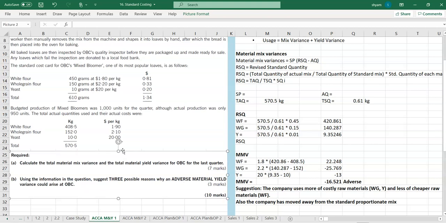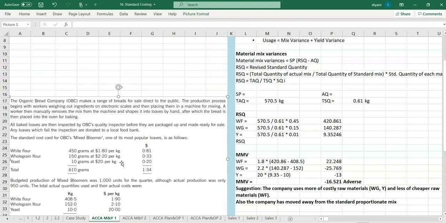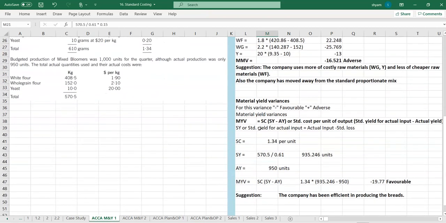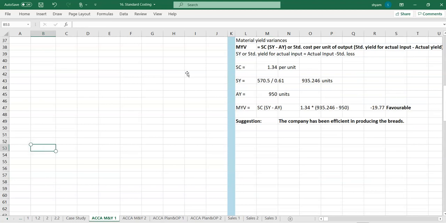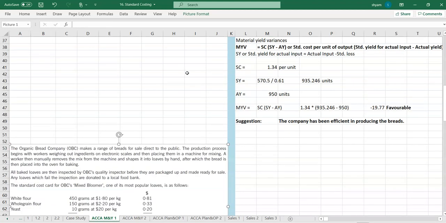He's asking what could arise only, not what will arise. So we'll put it like this: reasons for adverse yield variance.